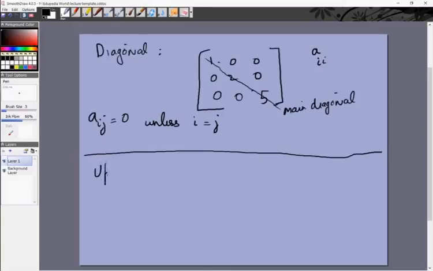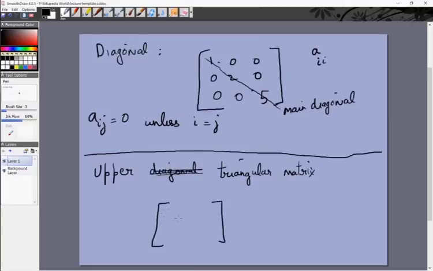You have an upper diagonal matrix, or sometimes it is also called an upper triangular matrix. And that is a matrix which has all the elements below the diagonal 0. So the elements are on the diagonal and on the upper triangle of the diagonal.